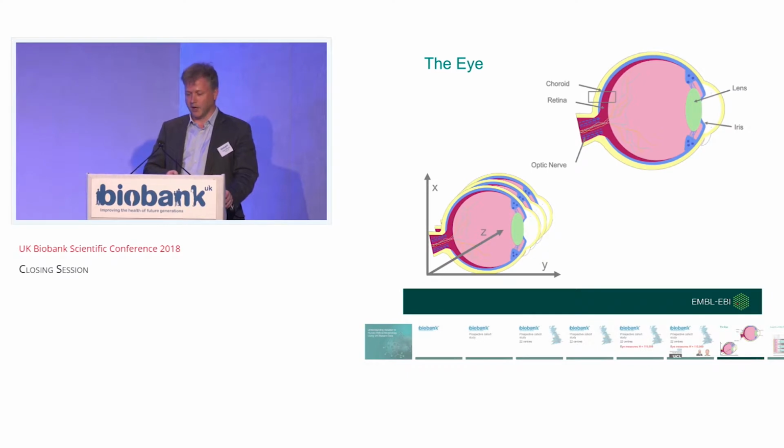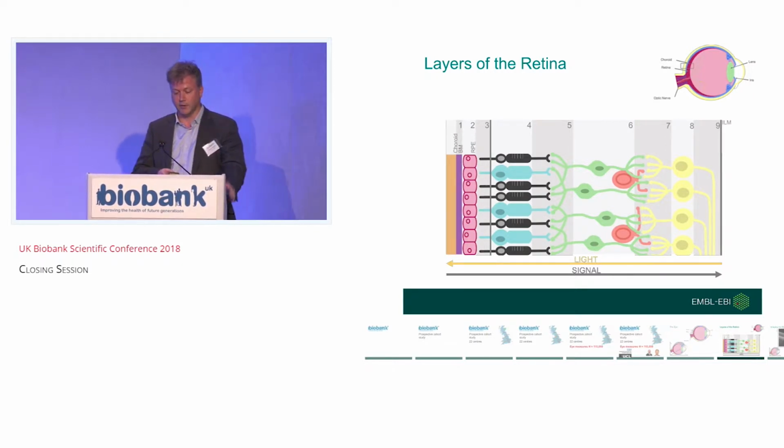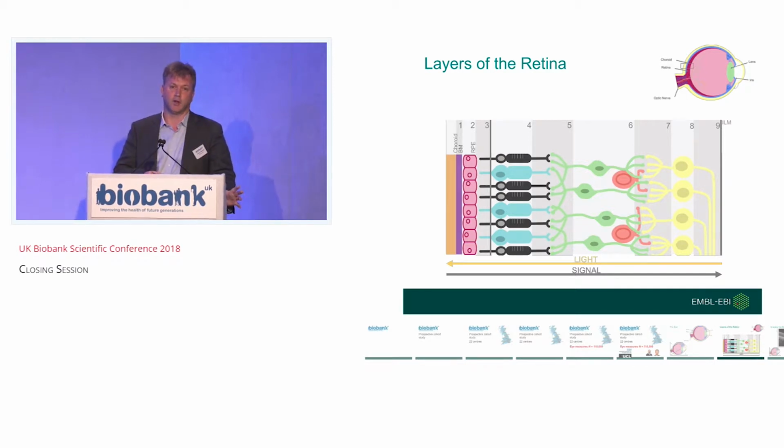So this is a quick crash course on the eye. It is a living tissue that you can image directly at the cellular level, near cellular level, through the lens. It's quite remarkable. And what many ophthalmologists are particularly interested in is these retinal layers, which actually process light.